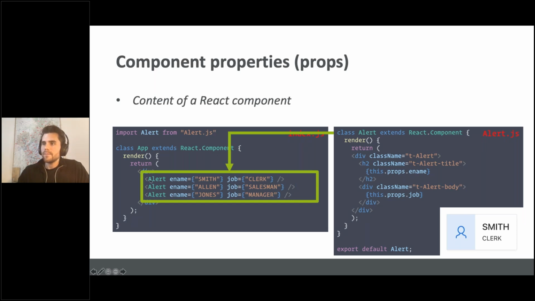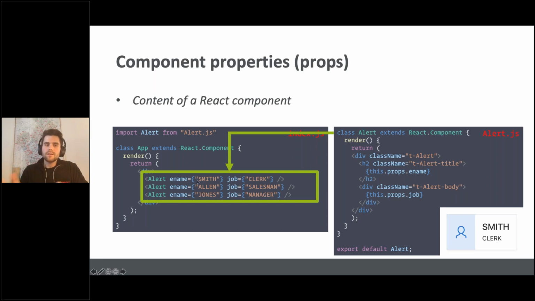And then whatever properties I set for the alert on the left will trigger the rendering of the component on the right. So let's look at this. I'm declaring an alert which has a name and a job.